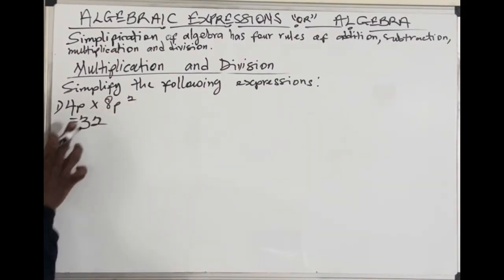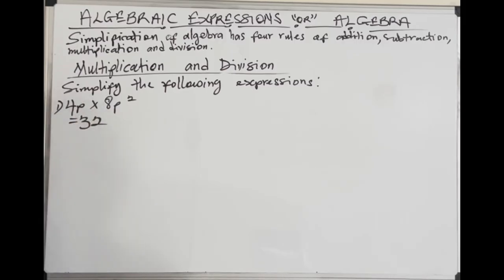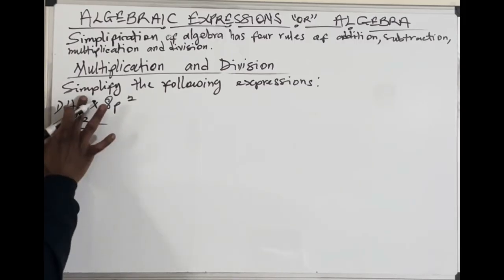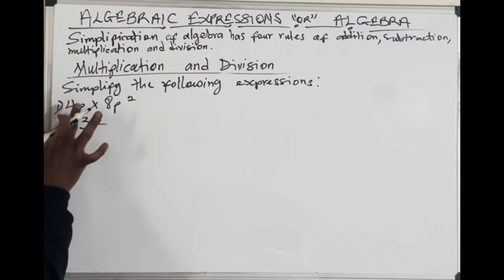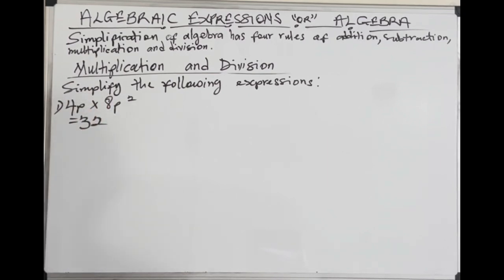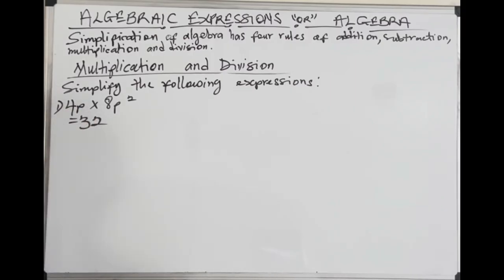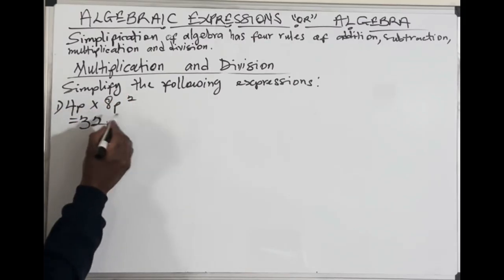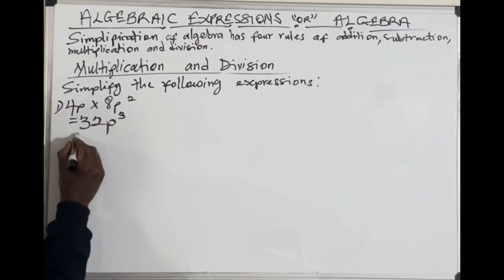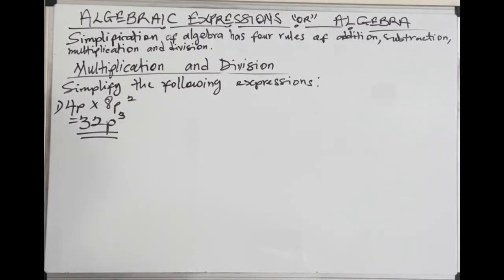Add. Whenever there is a variable, and there is no number, there is no power, know that there is what? Invisible 1. Okay, so there is 1 here, but it's invisible. We just add 1 to 2. We get what? P raised to the power 3. So this will be our final answer.